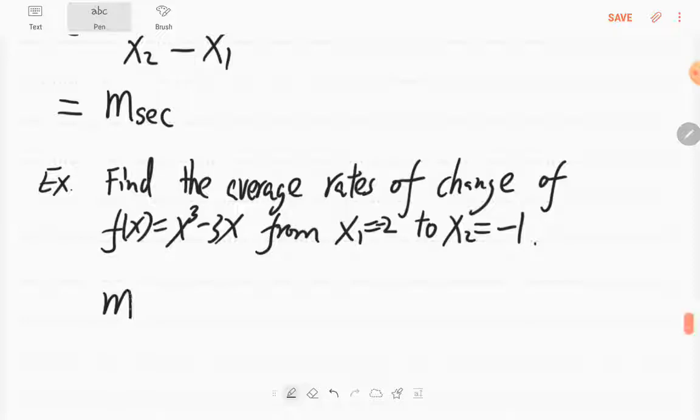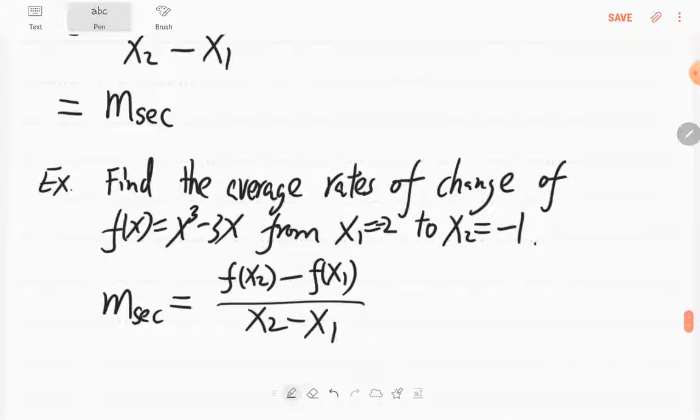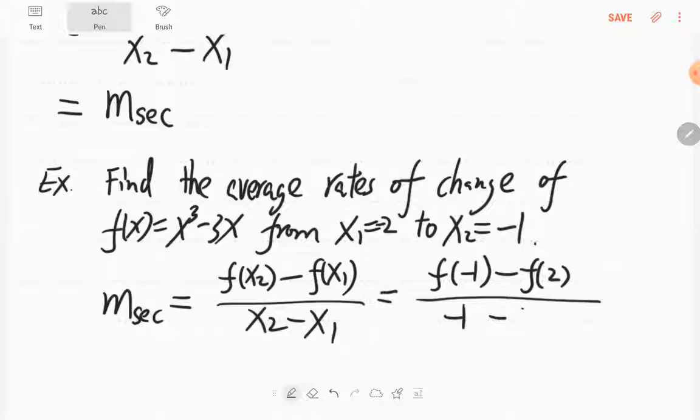So the average rate of change is m_sec, which is equal to f of x2 minus f of x1 over x2 minus x1. So this is f of -1 minus f of -2 over -1 minus -2.